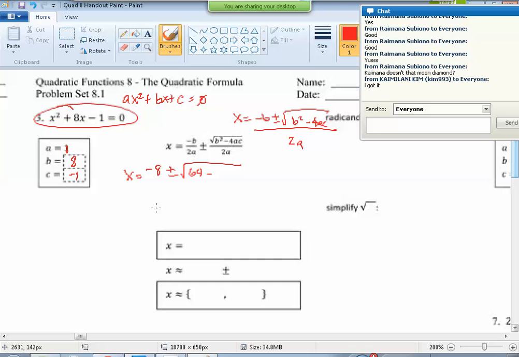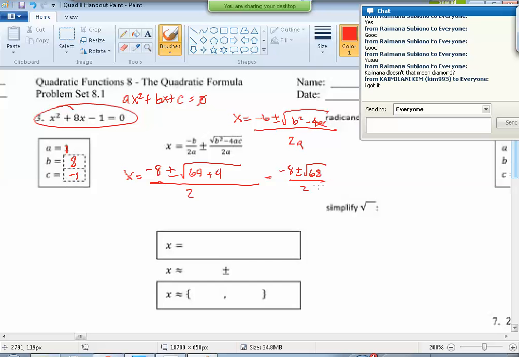Negative 4. So it's actually minus negative 4, which means plus 4. Are we cool with that? Divided by 2. Because 2 times 1 is 2. We cool? Right? So this would be negative 8 plus or minus the square root of 68, right? Divided by 2. We good?